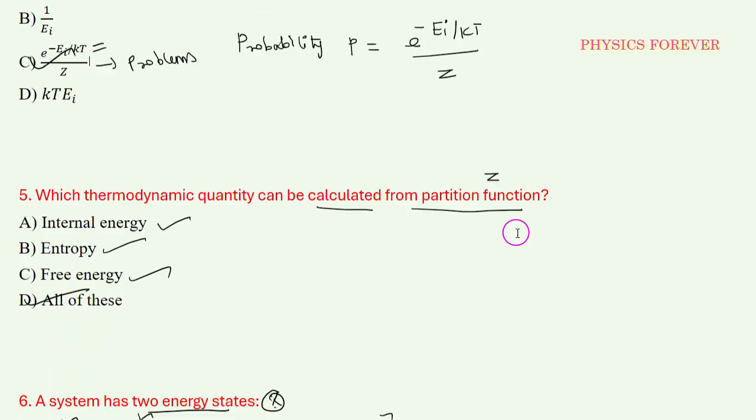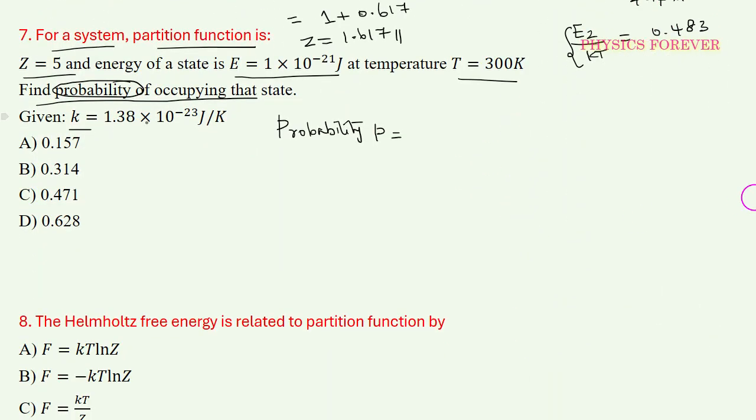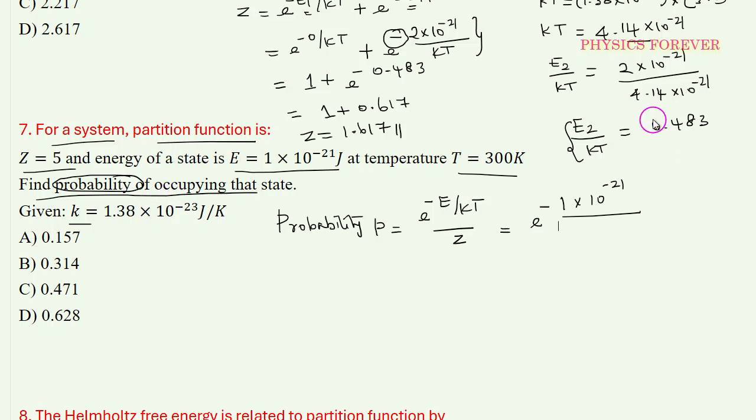The probability function can be written as e power minus E by kT divided by Z. Here E is 1 into 10 power minus 21 divided by kT, and we already found the kT value, 4.14 into 10 power minus 21.